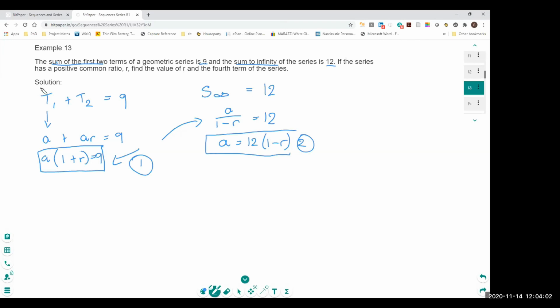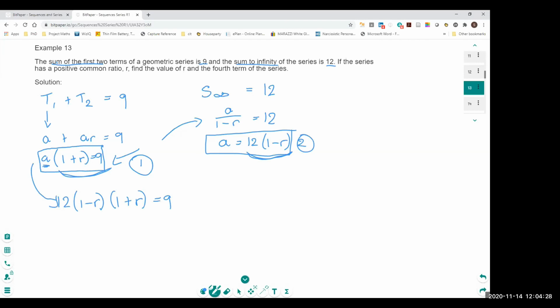We substitute in this value for a into this, and we get an equation in just a single variable, which is r. So we'll do 12 times (1 minus r) by (1 plus r), and of course that's equal to 9.